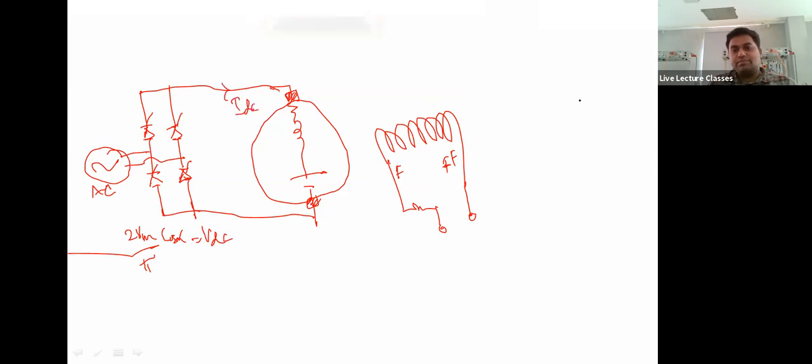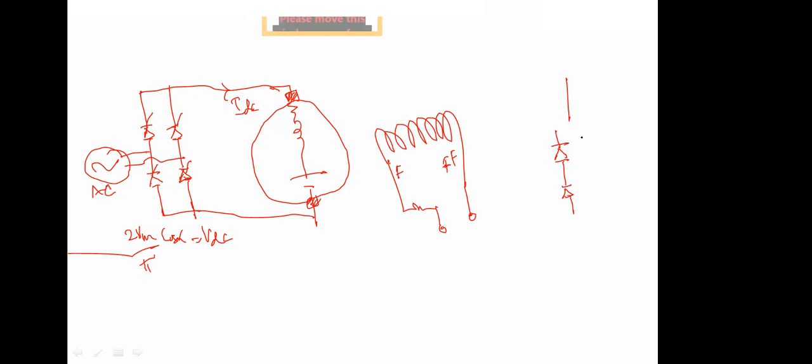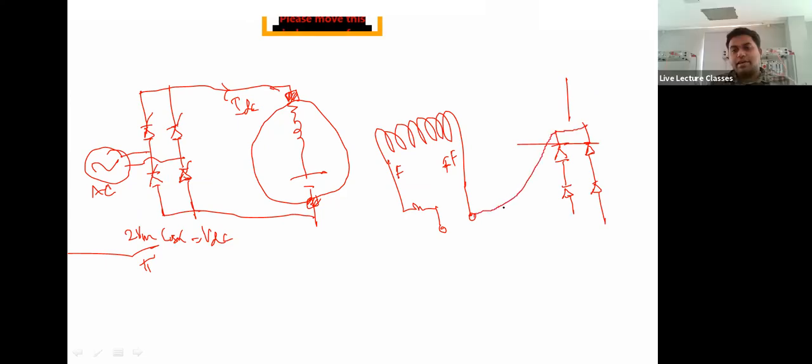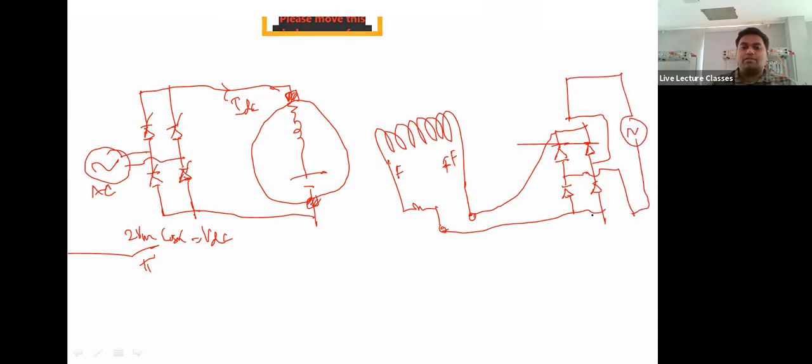And for the field supply, you will take an AC supply and give it to this point. So this is the AC supply, and this is the DC supply output.